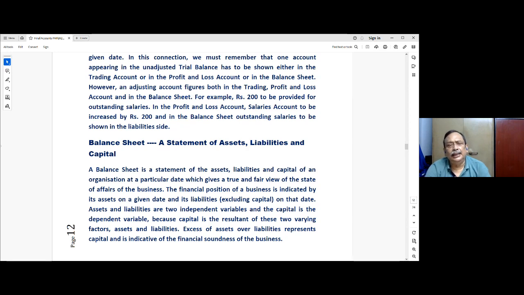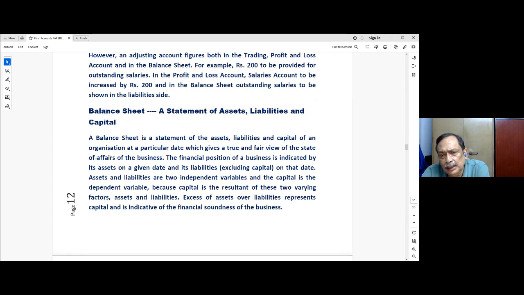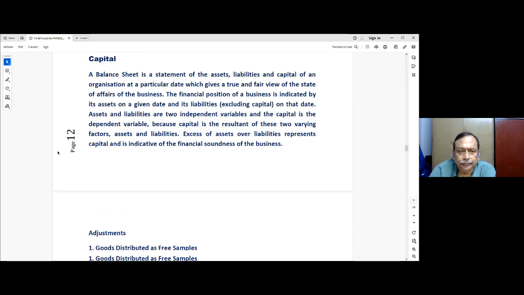Remember, assets and liabilities are two independent variables, and the capital is the dependent variable because capital is the resultant of these two varying factors, assets and liabilities. Excess of assets over liabilities represents capital and is indicative of the financial soundness of the business.